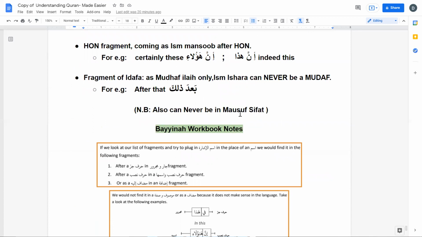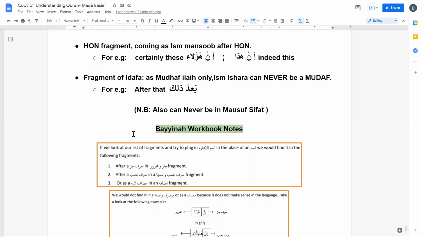Just keep in mind that ism ishara can never be in mawsuf sifa. So mawsuf sifa is one fragment that pointer ism can never be a part of.